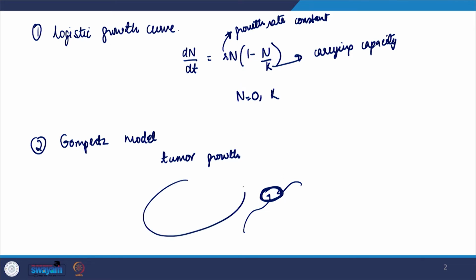But as the tumor becomes big, only the cells near the surface of the tumor are able to receive the nutrients and continue growing, while the cells on the interior of the tumor start undergoing necrosis because they are not getting the nutrients they need.